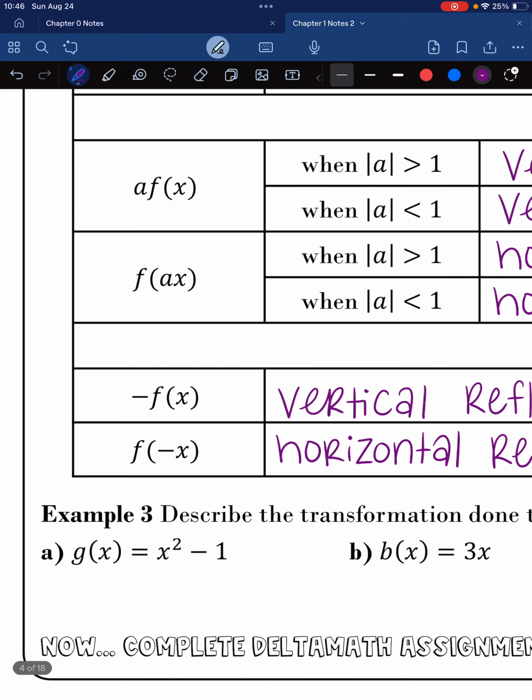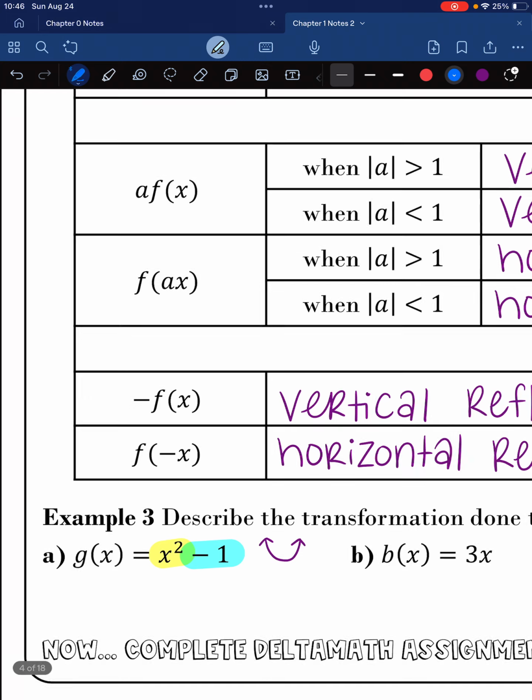I know that on A, because of this guy, what it looks like, right? That's the function family. It's going to look like a quadratic. And then this part that I've highlighted in blue is my transformation now. And that is going to shift the graph down 1, right? Because it's not inside parentheses with x.